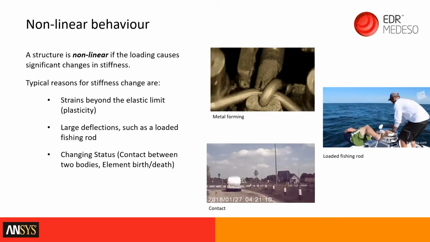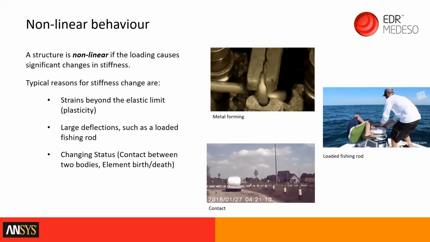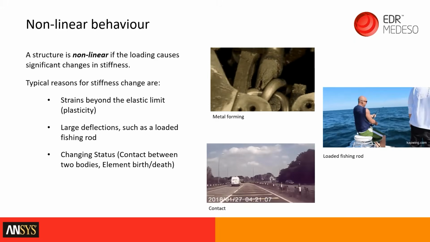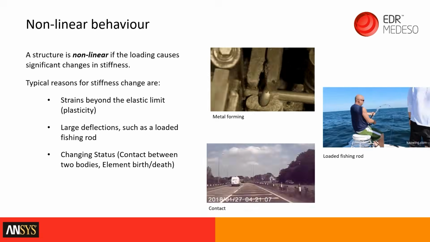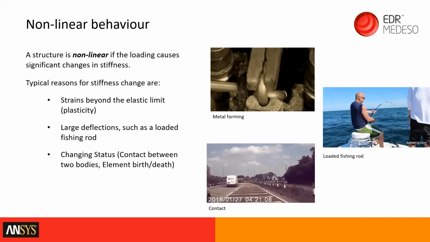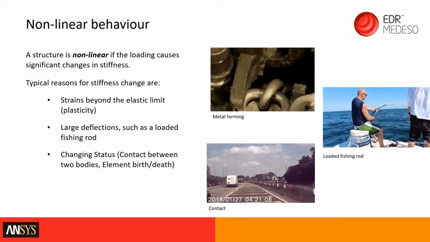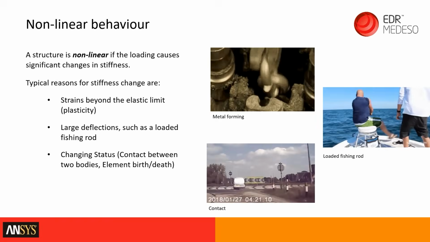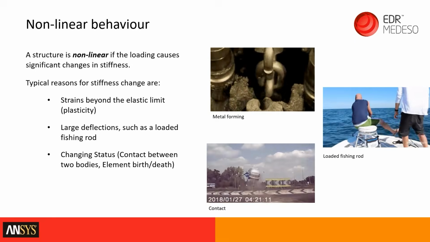The next area where we introduce non-linearities into the analysis is when the deflections of the structure become large. If they're small, it's usually not a problem. But as they become larger, the load displacement changes, and the stiffness of the structure can change depending on various phenomena. The classic example is the image on the right, the guy with the fishing rod.